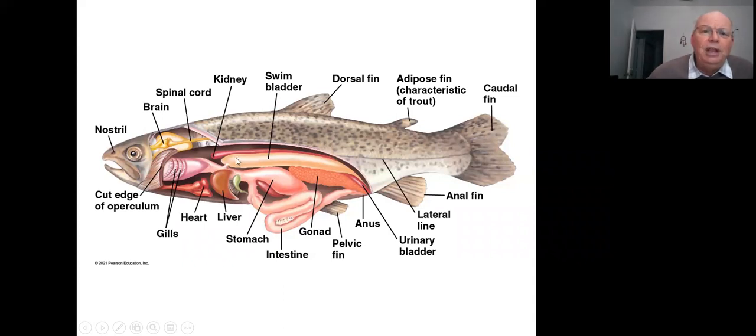So you can see here the swim bladder, which is derived from a lung-like organ that some fish still retain. Some fish actually have both a swim bladder and a lung-like feature for capturing gases from the air. So they have 2 separate organs for that purpose.